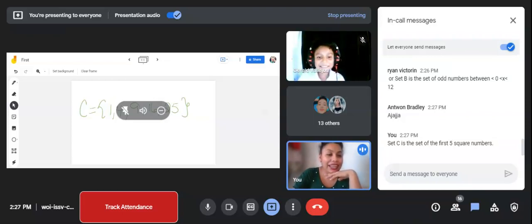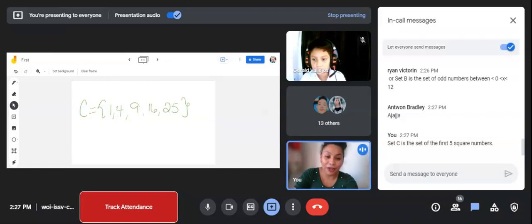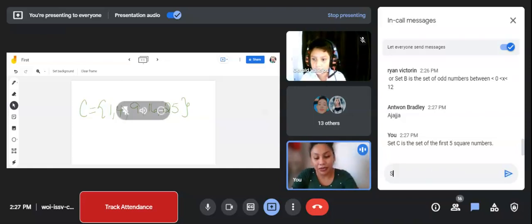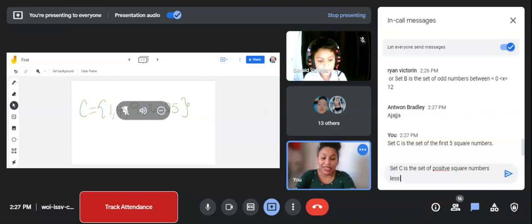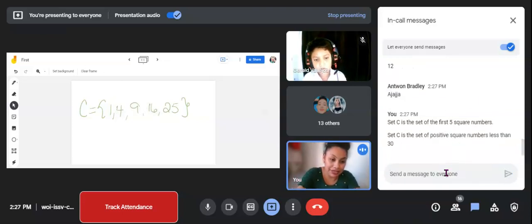Okay, I see Ryan has a response in the chat. Very good, Ryan. That is another way of saying it. Set C is the set of the first five square numbers. I could write set C is the set of positive square numbers less than 30. I'm talking about the same group of numbers.